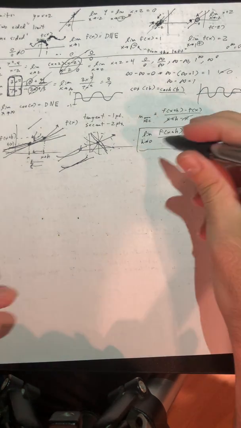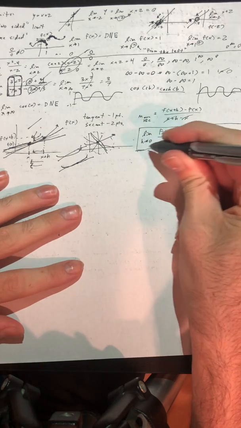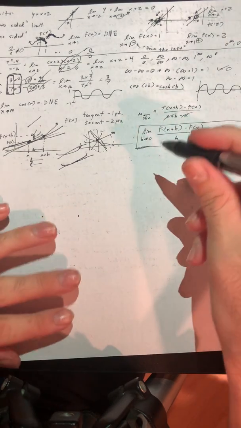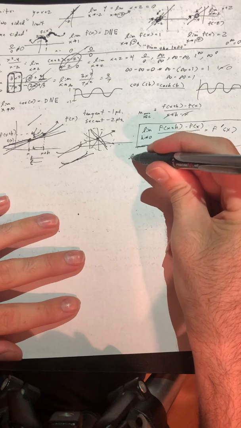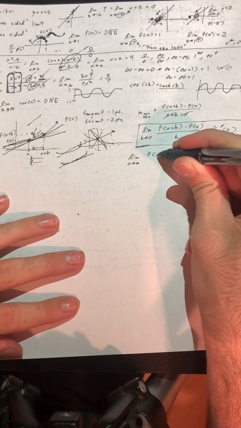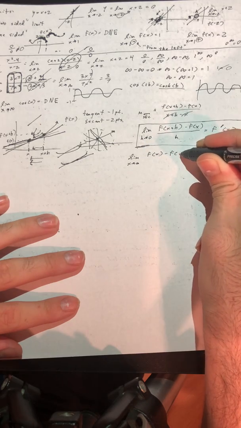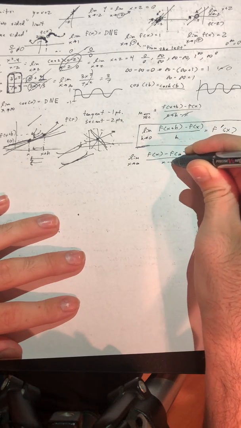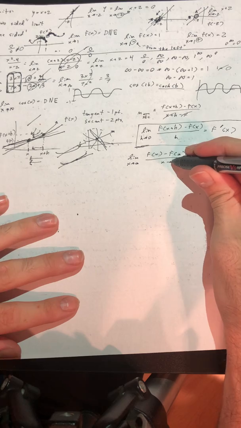Okay. I may as well, since I have this definition, mention one other thing: there's also an alternate definition of the derivative. It can also be defined as the limit as x approaches a of f of x minus f of a over x minus a. And hopefully you can see that these two are saying the same thing.